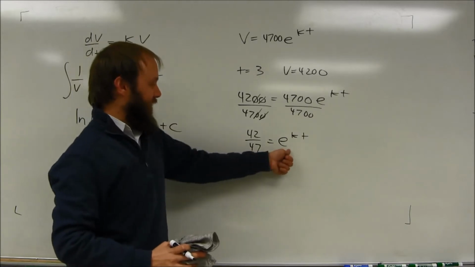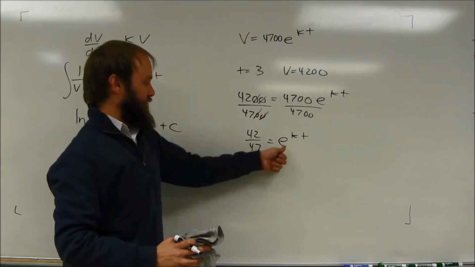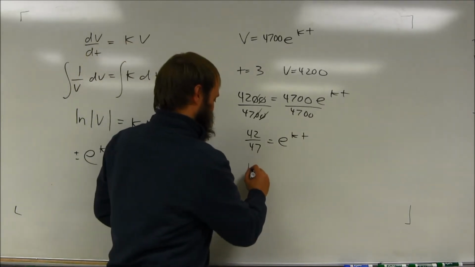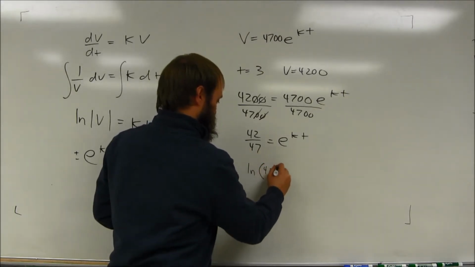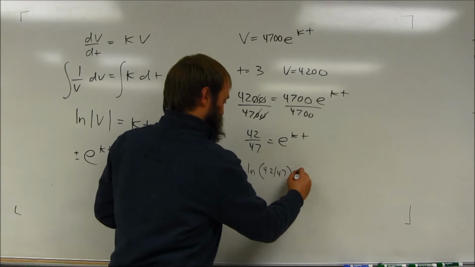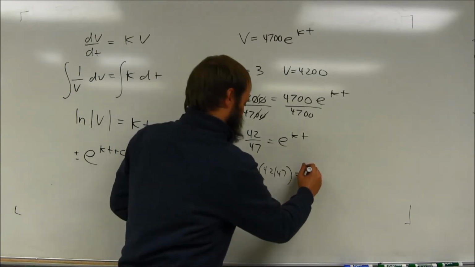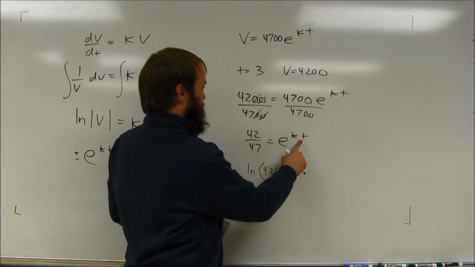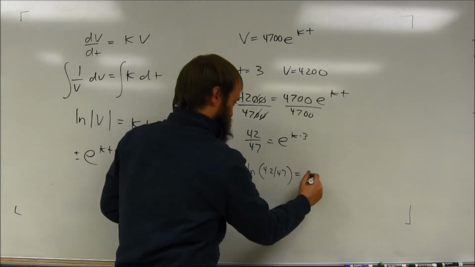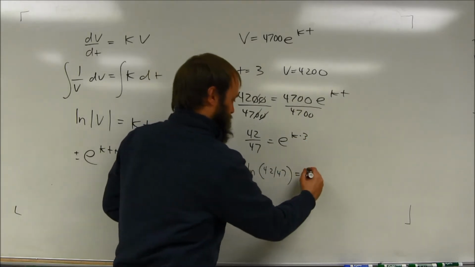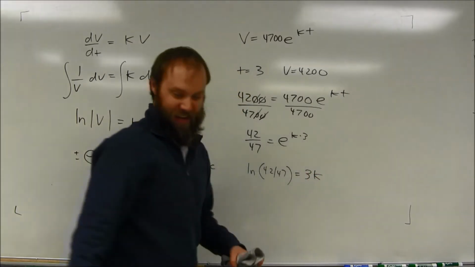At this point, I can convert this into log form. I want log base e, that's a natural log, of 42/47 is equal to k times the t value of 3. Okay, so that's going to equal 3k in this case.